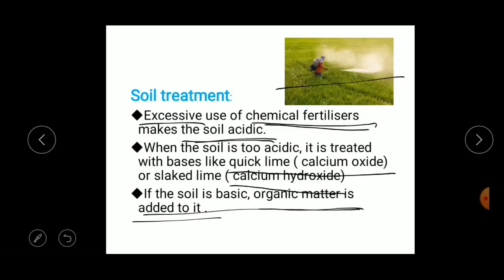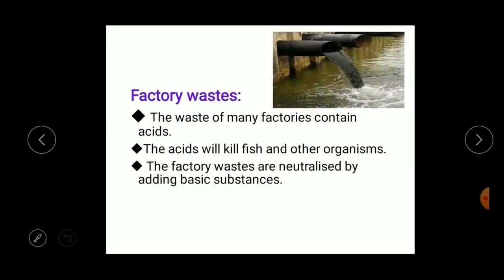Okay, next one. Now we will move to the last concept of this lesson, that is factory waste. Here, the waste of many factories contains acid. If you are traveling from one place to another, you might have seen that the factory is discharging what is called factory waste into water bodies like streams, rivers, right?